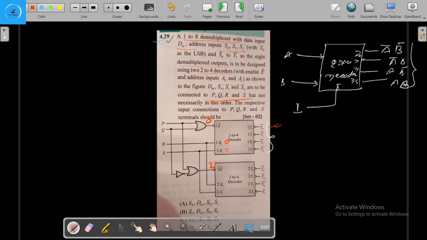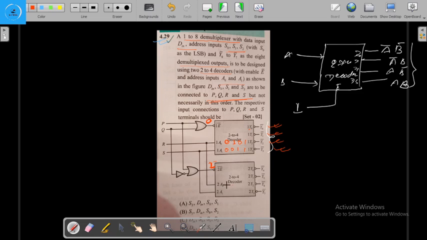If we provide 0 1 here, then this will be selected. If we provide 1 0, then this will be selected. If we provide 1 1, then this one will be selected, right? In the same way, if the enable is 1 here, it will not work. If the enable is 0 here, then it will work.